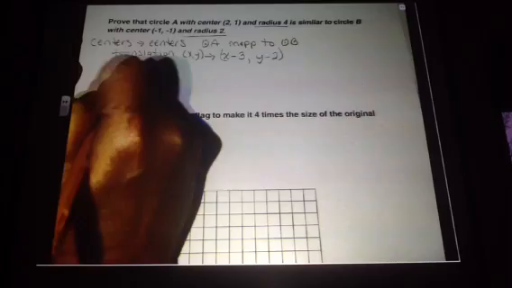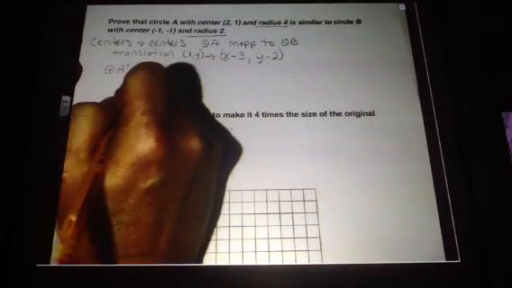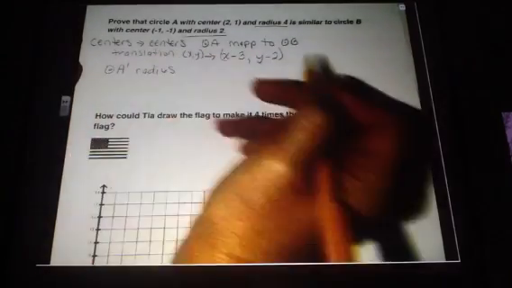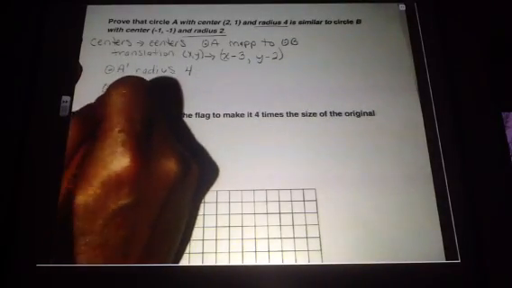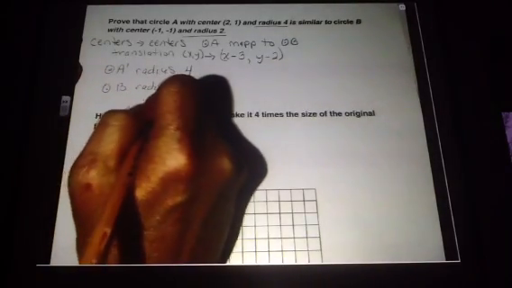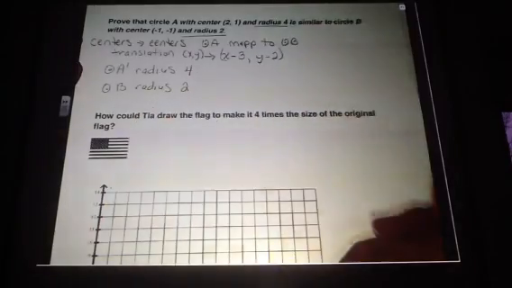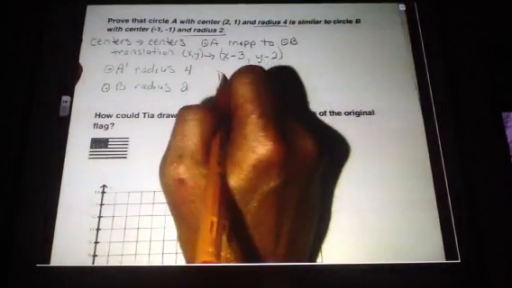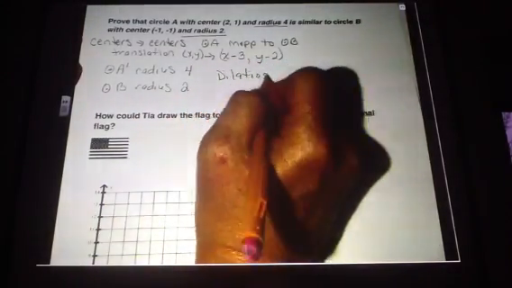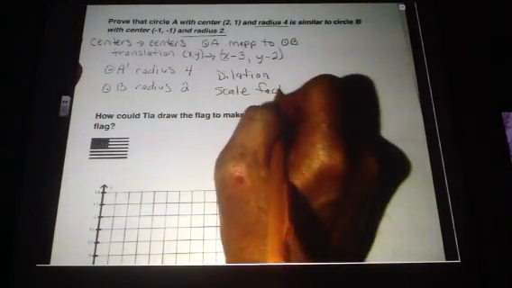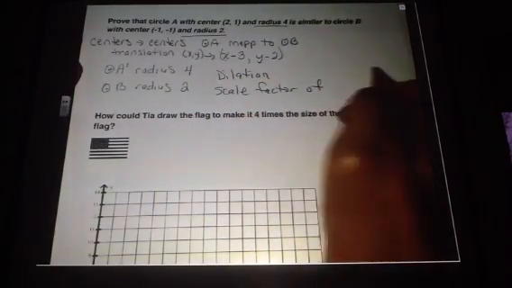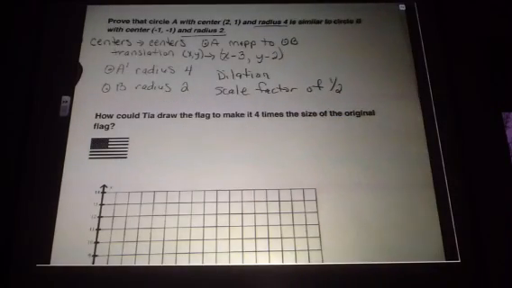So circle A prime has a radius of 4. Circle B has a radius of 2. So these circles are similar because it's a dilation with a scale factor of 1/2.